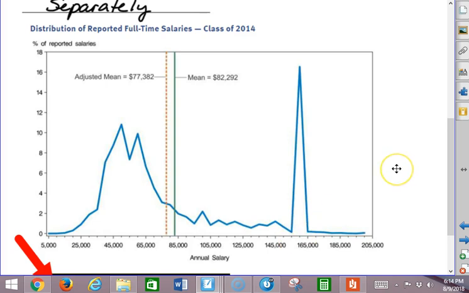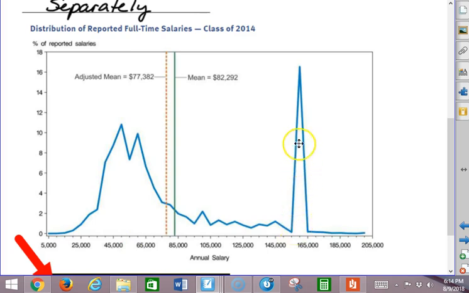When we have something unusual like that, you might want to think, why? Why would there be this big unusual peak? Well, these lawyers are probably the public defenders, those hired by the state, maybe some lawyers who start their own practice, and they start off with not a lot of income.